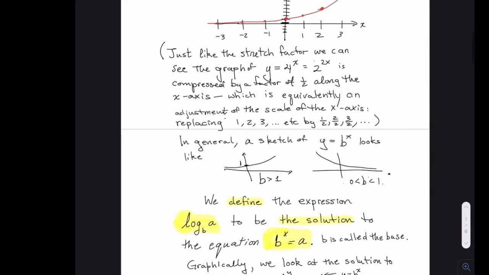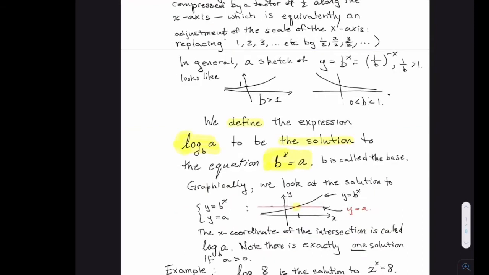So in general, the graph, when the base is bigger than 1, looks exactly like the one we graphed. When b is less than 1, we can also look at the reciprocal and make sure we put a negative sign in the exponent. Now 1 over b is greater than 1, so we see that this is a reflection of the x-axis. Just like we had in the parabola case, a minus sign in front of the y will give us a reflection of the y-axis.